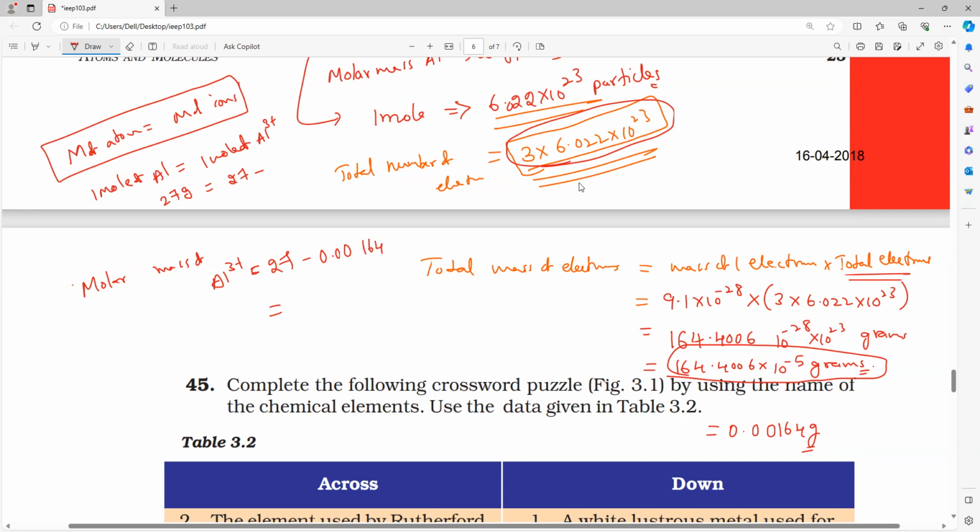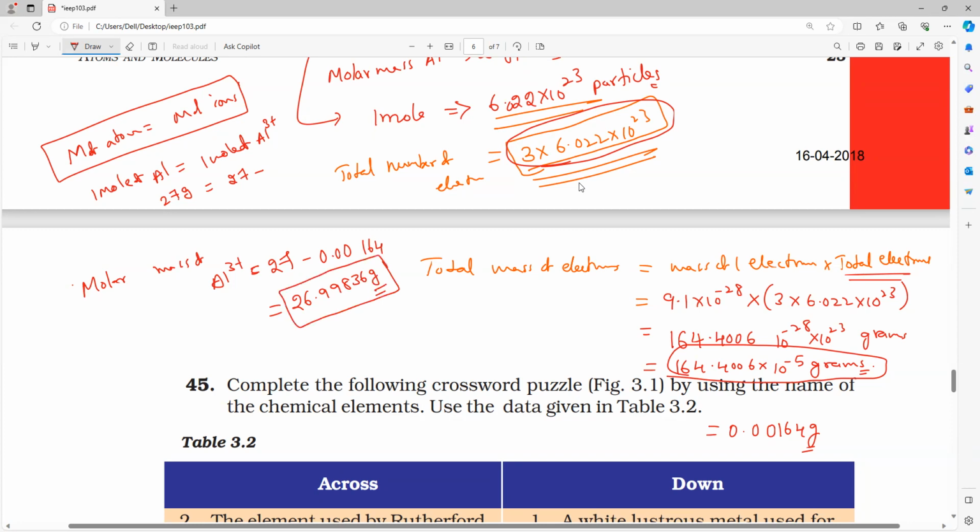Do the answer and tell me, everyone. How much is the answer? 26.99836 grams. So this is the mass of aluminum ions.